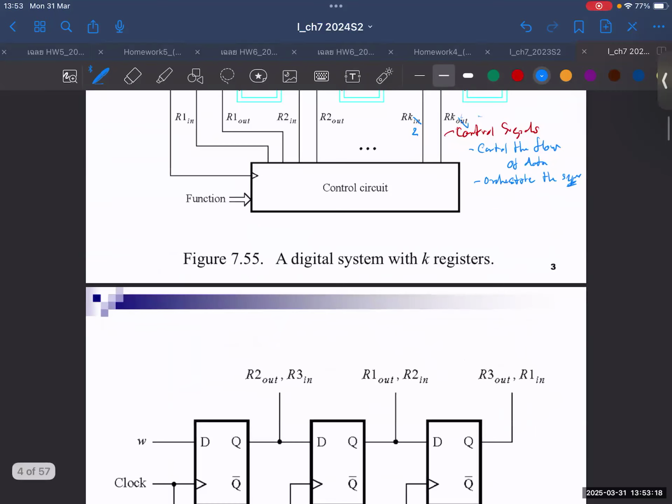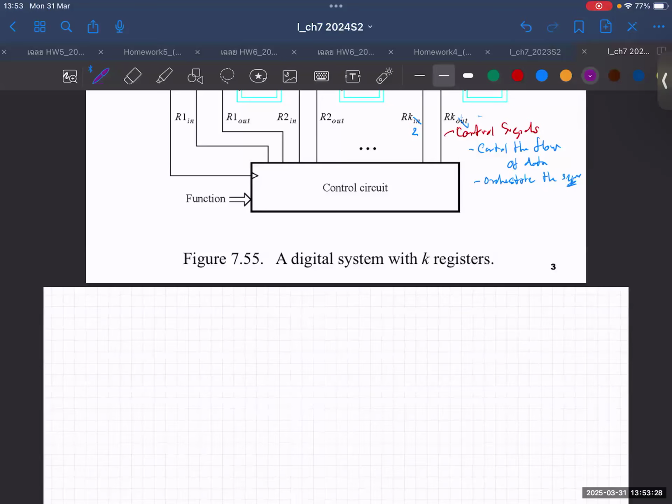Okay. For example, if I want to swap, the job is to swap R1 with R2. Let's work on this.